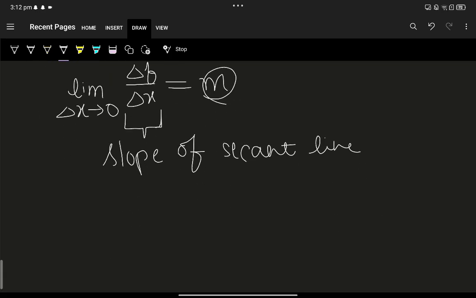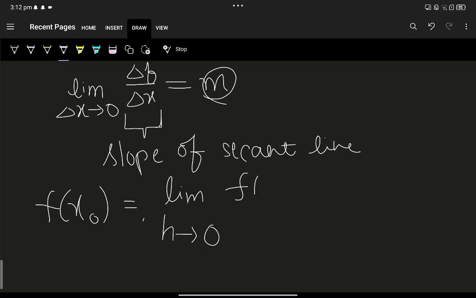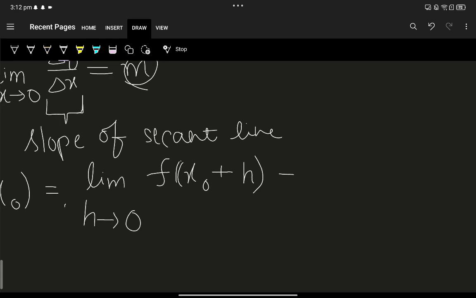And if I write it more precisely over here, I can say that f prime of x naught is equal to the limit as h approaches 0, where I will use h to represent the change in x, which I previously represented as delta x, of f of x naught plus h minus f of x naught divided by h.